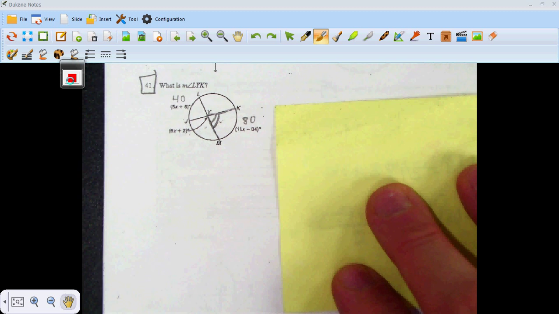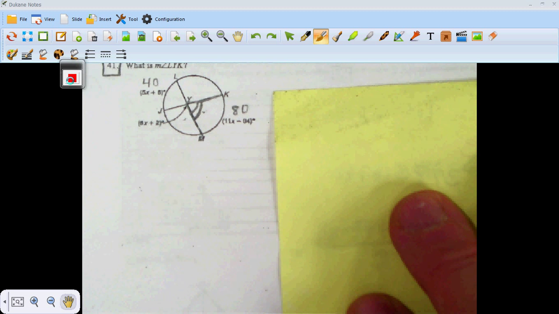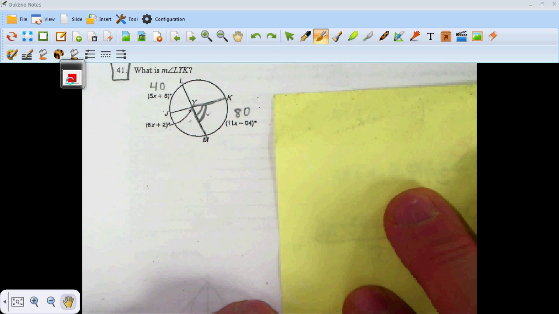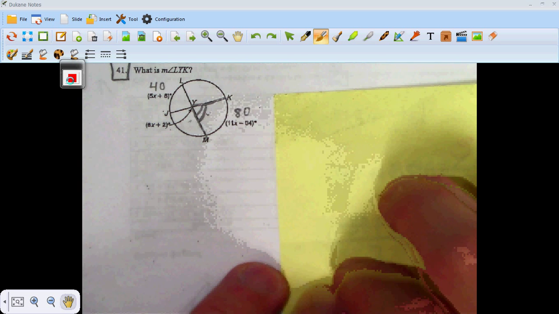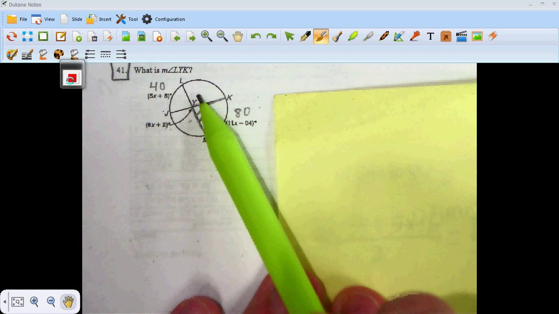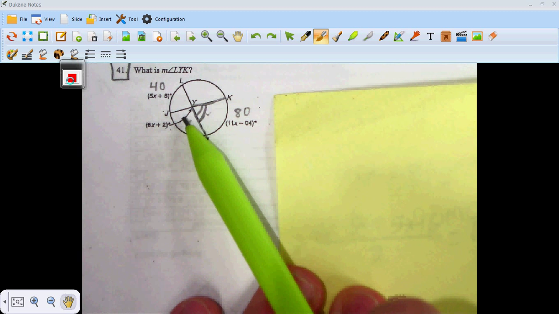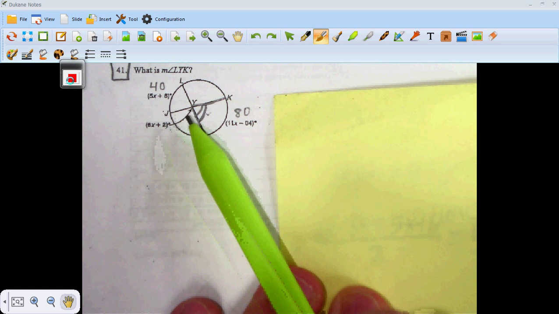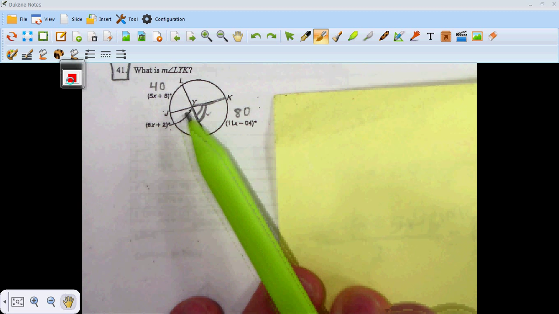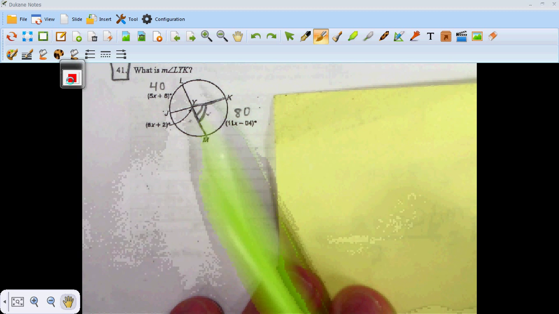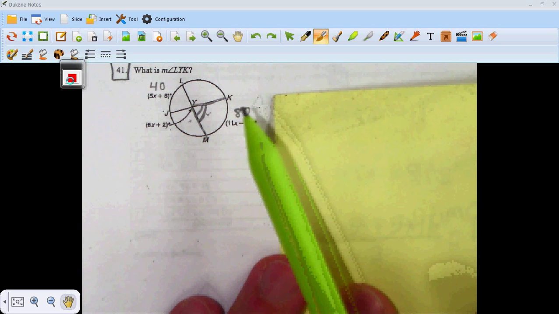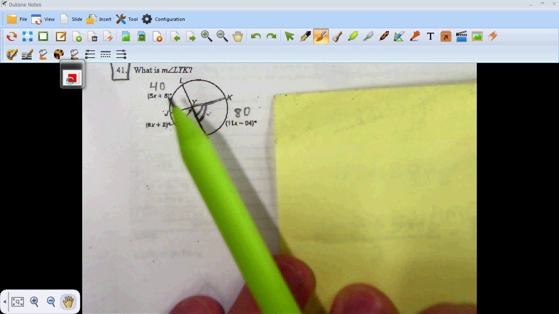So, let's take a look at this one. What it's asking me to find is angle LYK, which is this angle right here. Now, if I find this angle, which they've given me an equation for, can I also find this angle? Yeah. So if I find this one, I know I can find this one. Now, I've given you some numbers here to replace this arc and this arc right here.